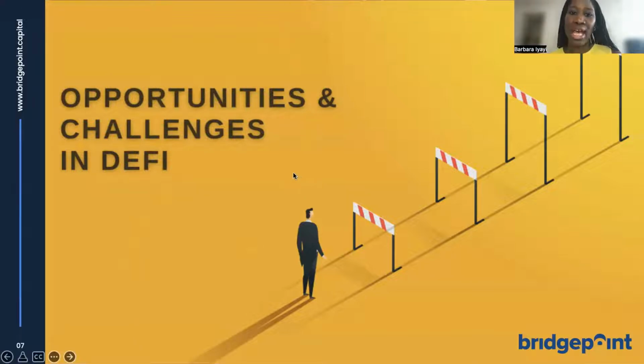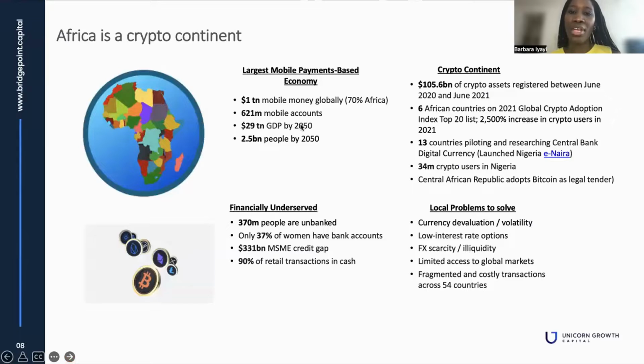If you look at the slide, Africa is a mobile payments driven economy already. It was doing mobile payments before a lot of people were doing mobile payments. Out of the 1 trillion mobile money globally, 70% of that activity is coming from Africa. And so all of those users can easily be converted into crypto users because that's what they're already naturally doing, right?